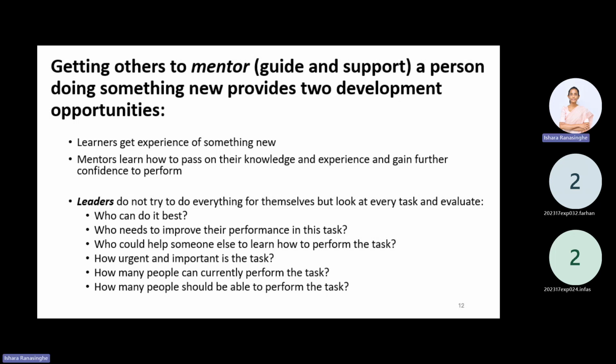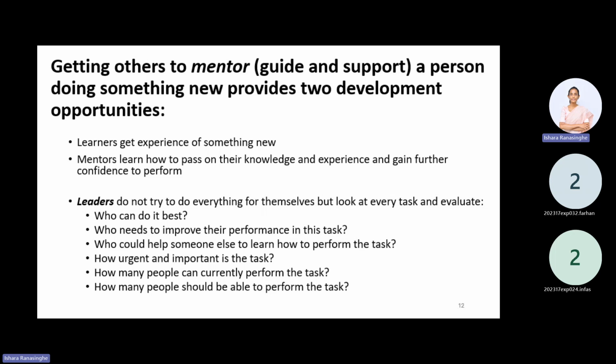Now from this delegation, transferring of this new task to the subordinate, we can expect two benefits. If you go through the first 2 points, you can see learners get experience of something new. That is one benefit we can expect from work delegation, transferring new tasks to our subordinates.